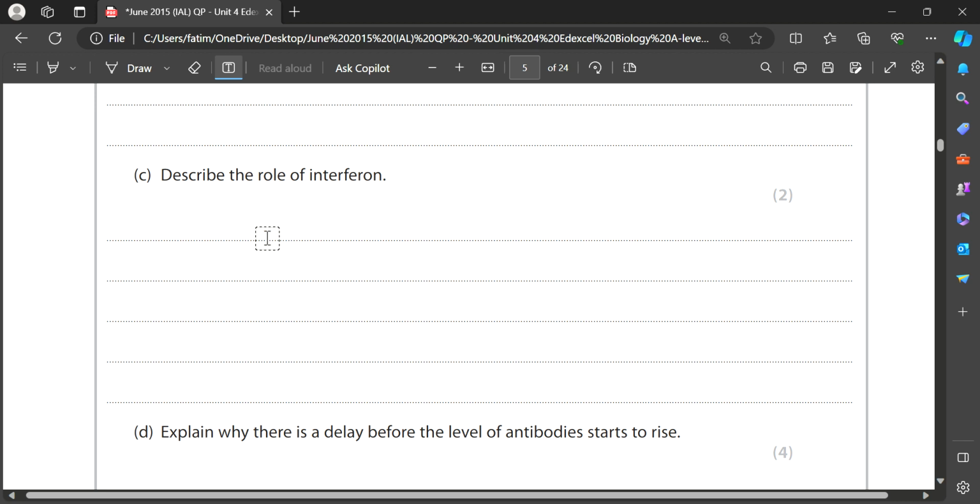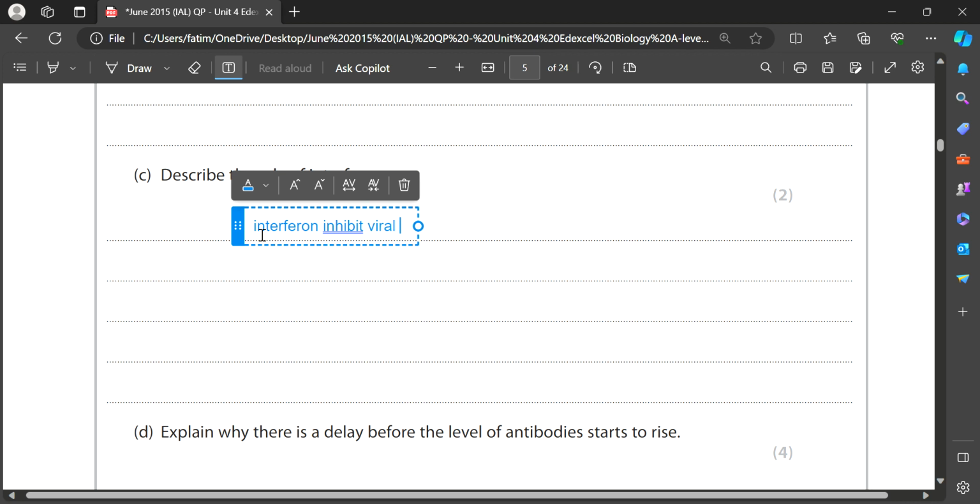So that's exactly what we're going to say here. And I'm not going to say they're chemicals, because the question is not asking what they are. We have to say what they do. So interferons inhibit viral replication.